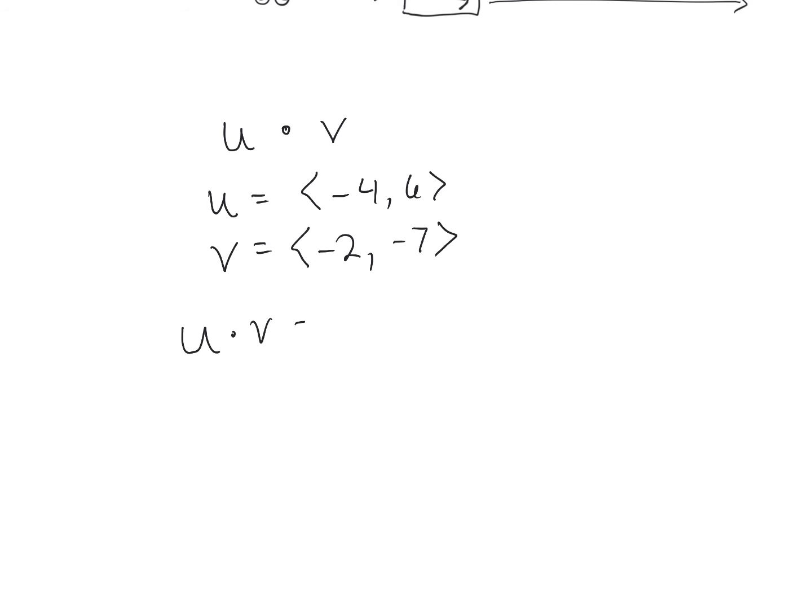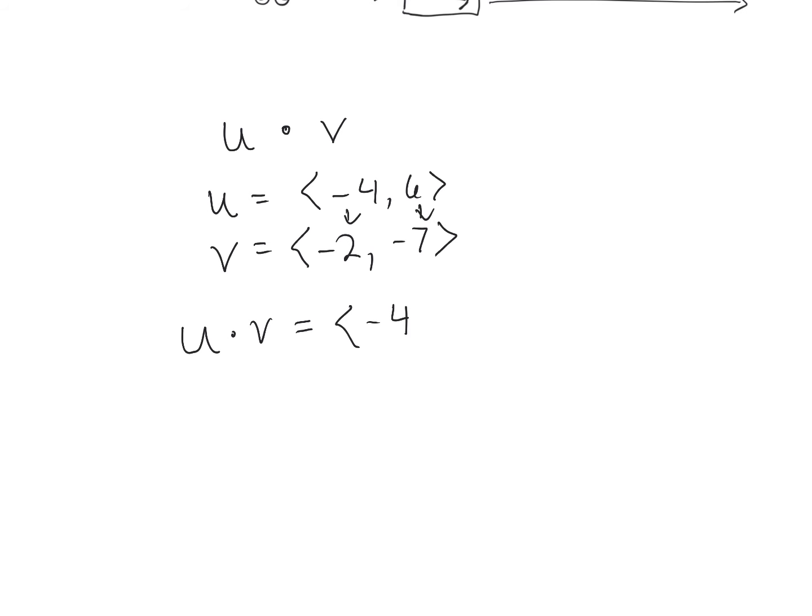So let's find the dot product first. Let's say we want to find the dot product of u and v, and let's say u equals (-4, 6) and v equals (-2, -7). Then the dot product of u times v equals, we just take the components and multiply them together. This component multiplies with that.